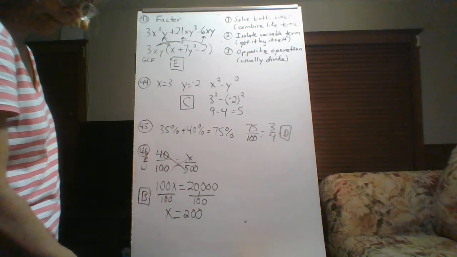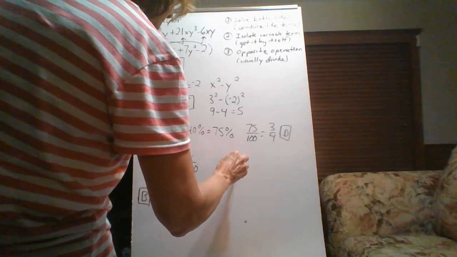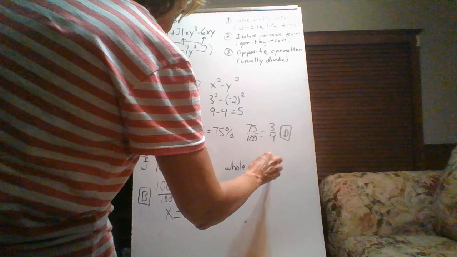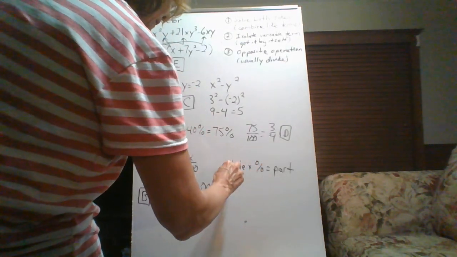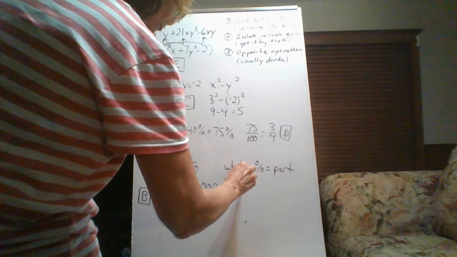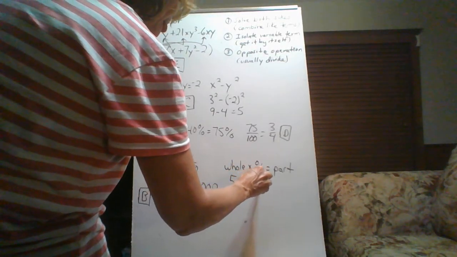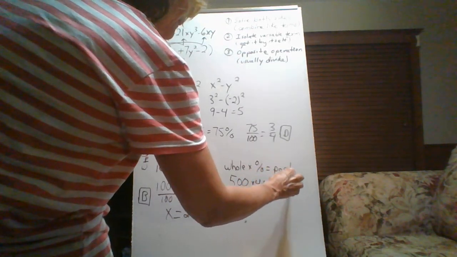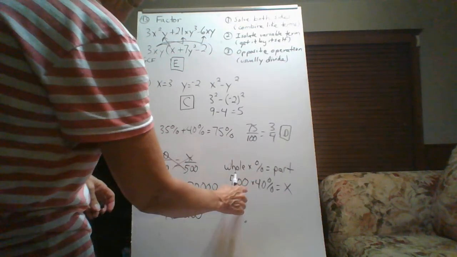The other way to do that is, remember the other formula, the whole times the percent equals the part. Well, if they're telling me that the whole is 500, and I read my pie chart, and it tells me that I've got 40%, then this is going to give me my part. I'm going to call my part X because that's what I don't know. So 500 times 40%.